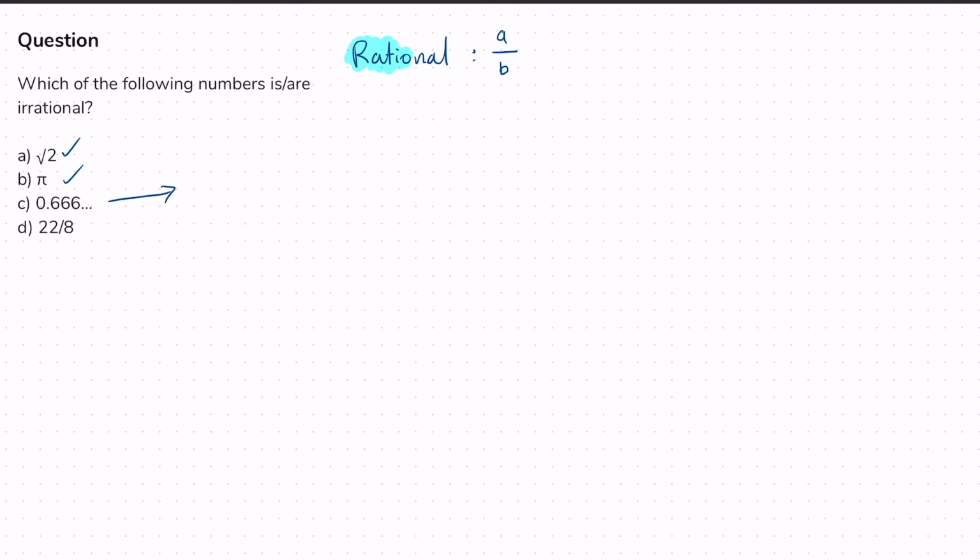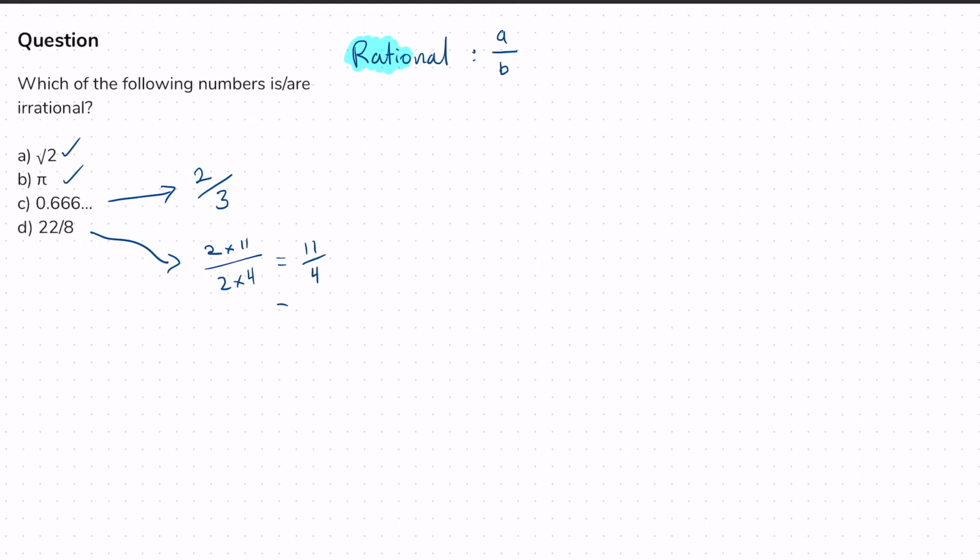0.66 though, we can express as 2 over 3. And 22 over 8, well, it's already in the form A over B, but we can simplify that. 22 is 2 times 11, 8 is 2 times 4, which is 11 over 4.